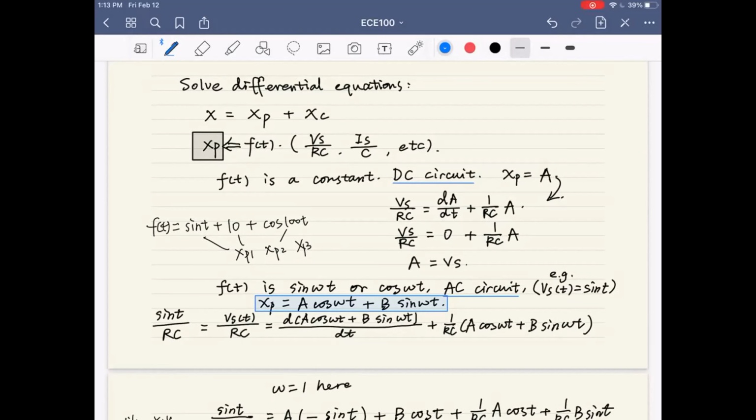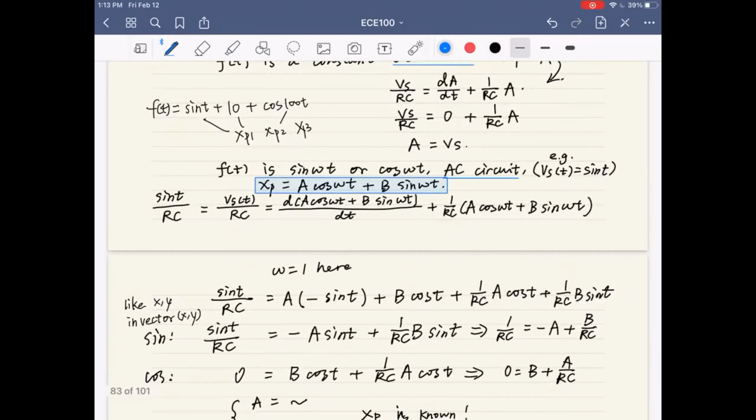Then we substitute it into the original equation and solve for the unknown parameters. It is not like what we do with traditional equations, where we move the terms to the left or right, divide something on both sides, and finally get a solution. So that is a little bit different.